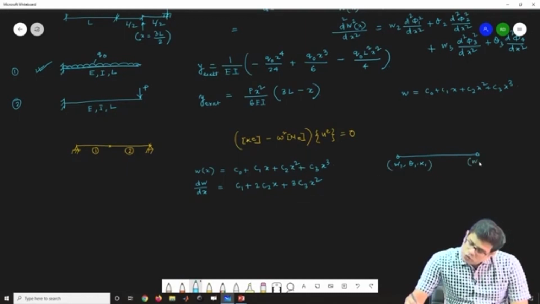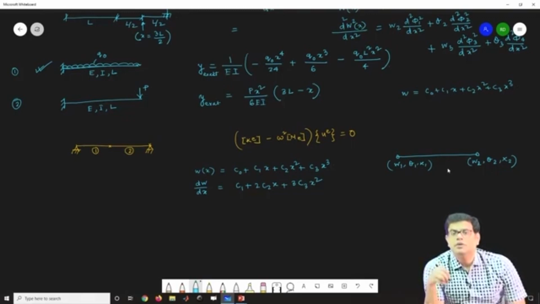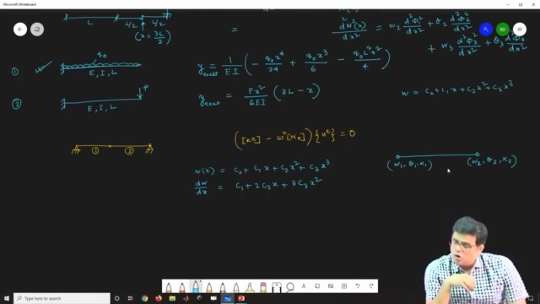So I can also formulate an element which involves this kappa, which is essentially the curvature at a point.